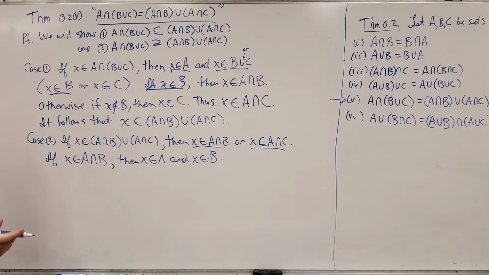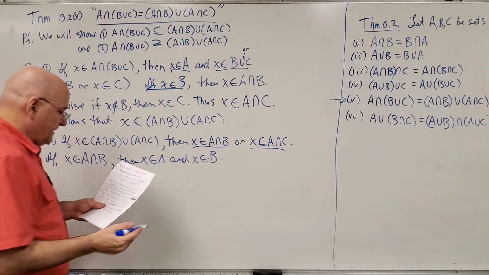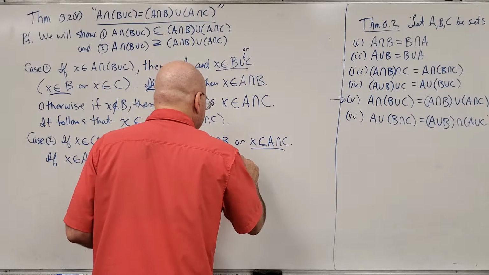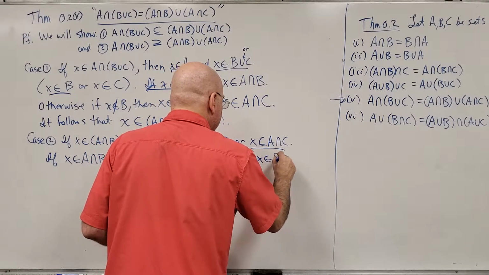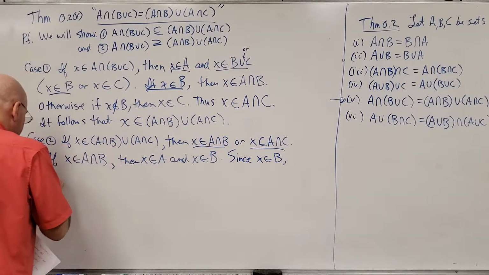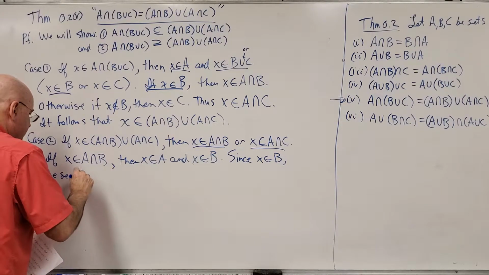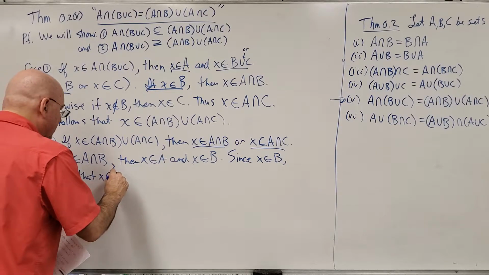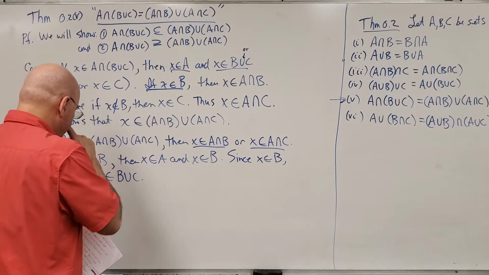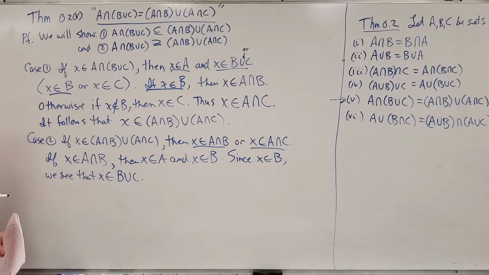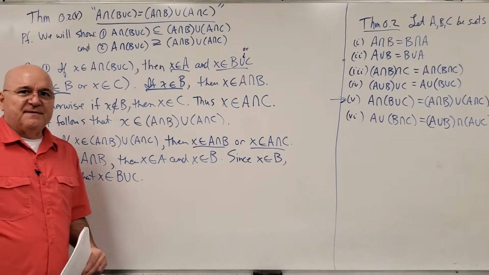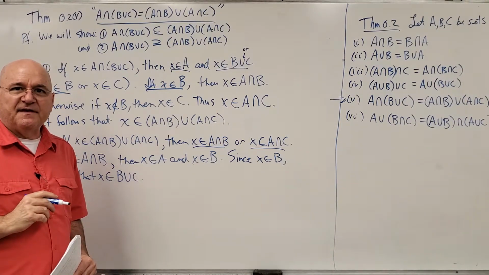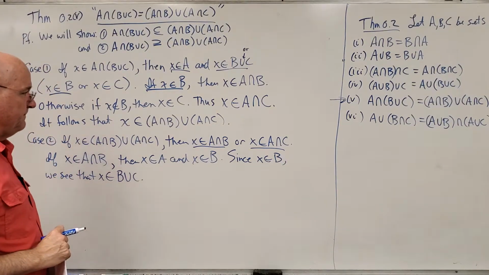Now let's see if we can justify my next statement. Since X is in B, we see that X is in B or C. That's really an obvious statement. If you were to play with it a little bit, write it down, I think you could explain it to yourself very simply.